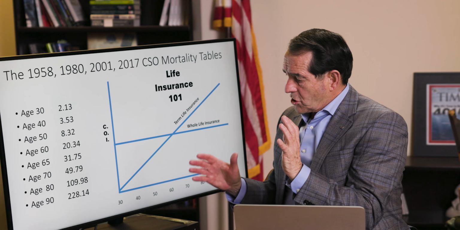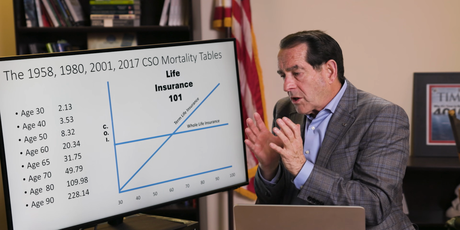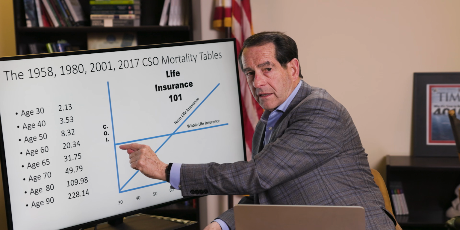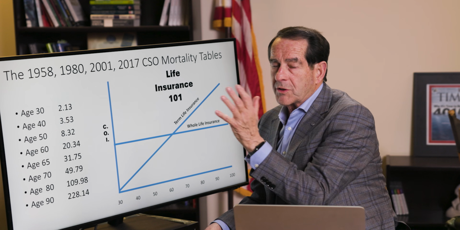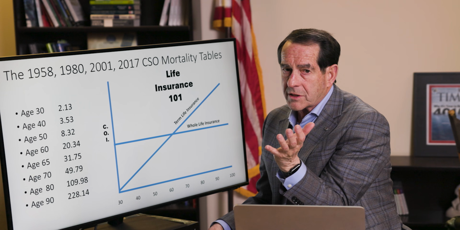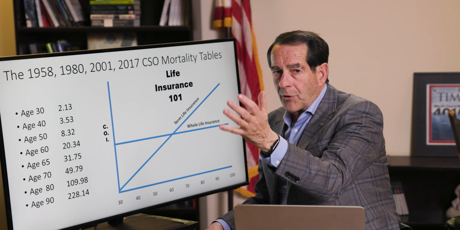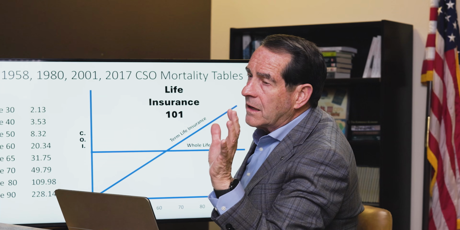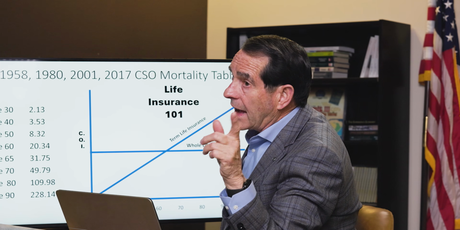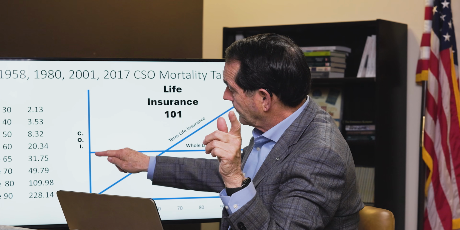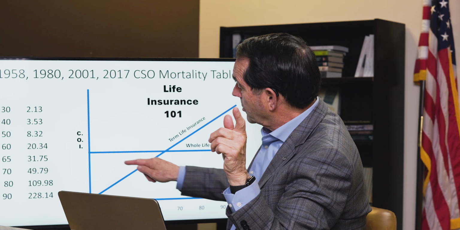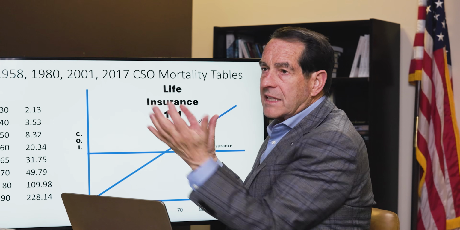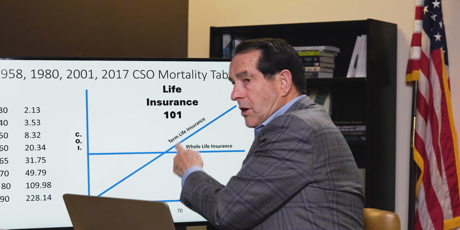So whole life insurance is where you're paying way more than the actual mortality charge. You would be paying way more than $2 per thousand of life insurance. You'd be paying $20, $30, $40, $50, $100 or whatever. And so you're way overpaying for the actual chance that you will die that year, okay? You're overpaying. And every year you get older, you're still overpaying until a certain age. It's usually about age 65, let's say, where it crosses over.